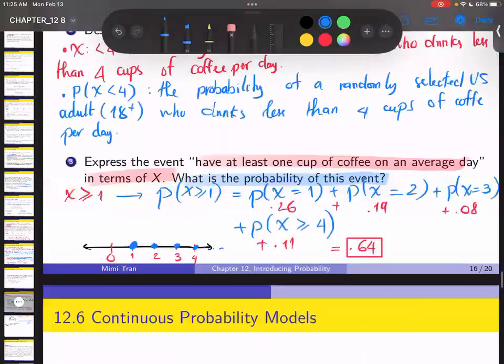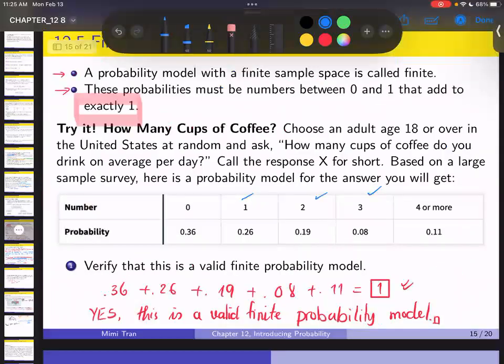Because with discrete, you're given a table, and all you have to do is eyeball the table. If they ask what is the probability of X equals 1, it's 0.26, right? What is the probability of X less than 2? X less than 2 will be 1 and 0, and all you have to do is add them together. Right? So discrete is easier in this class so far.